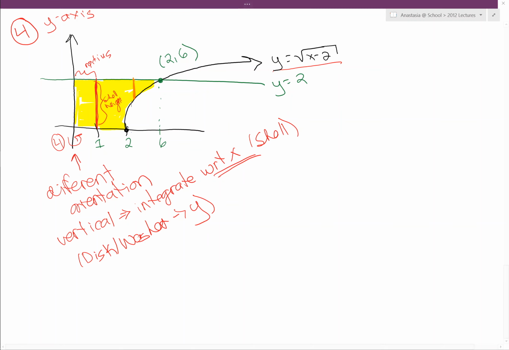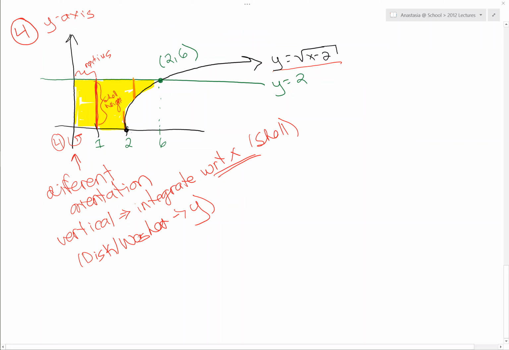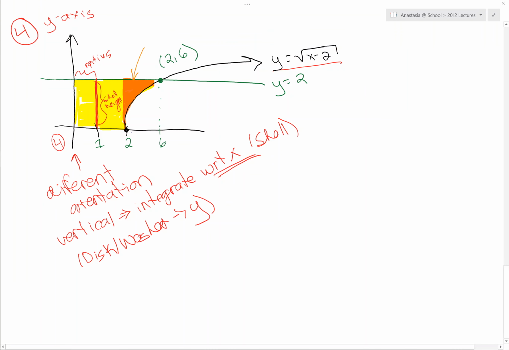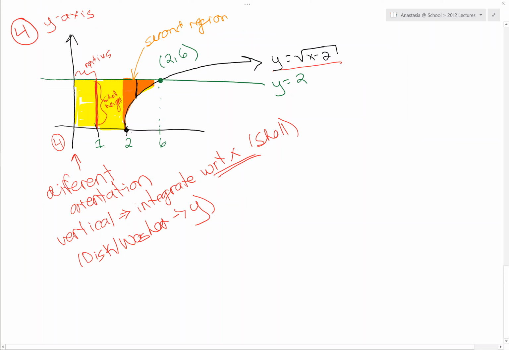So what we end up needing to do in this case then is, from x equals 2 to the end there, this is a second region, because of the fact that the shell height is going to be given by a different function.